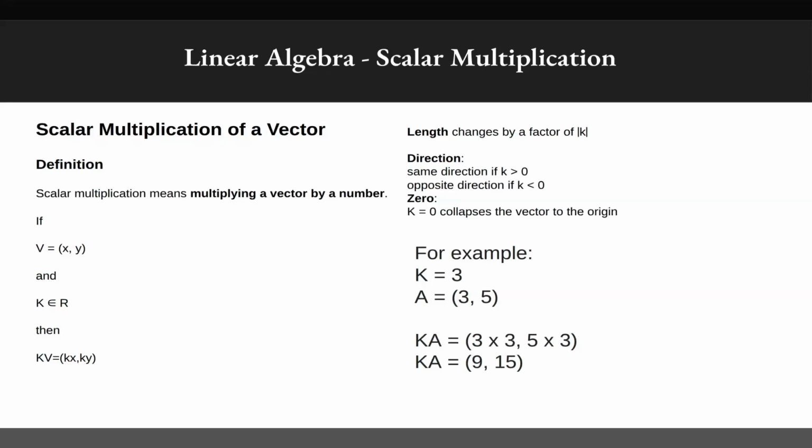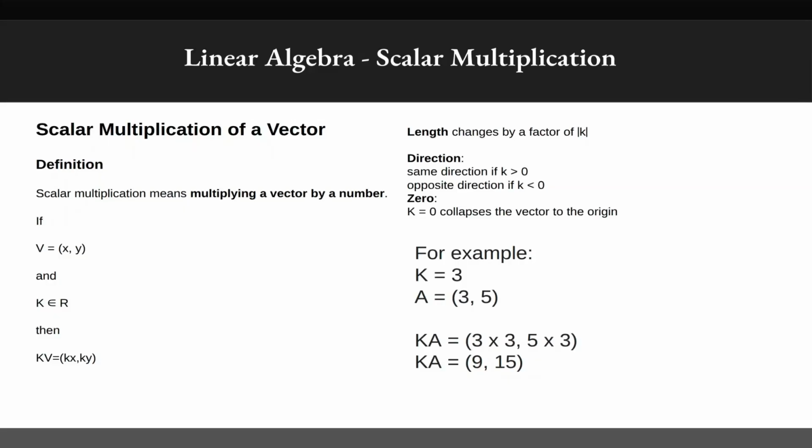This stretches or shrinks the vector. If k is greater than 0, then it remains the same direction. If k is less than 0, then the direction is flipped. And if k is equal to 0, then it collapses to the origin.